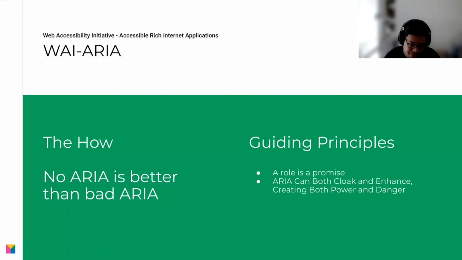So let's say I have a button, and I then decide to say, no, it's actually a paragraph or something, and then it loses all of its context to a screen reader. The screen reader is not going to understand it's actually an interactable element on the page. It's going to think it's just content, right?